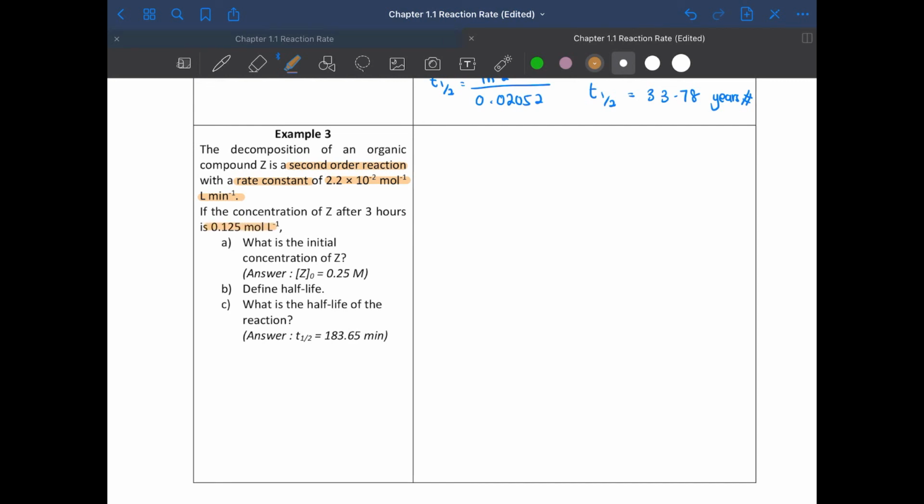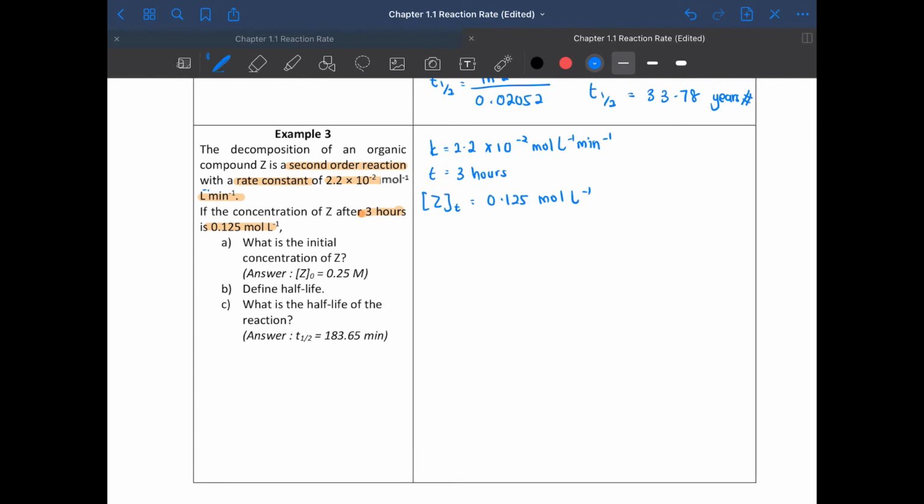So let us write down lah. K equal to 2.2 exponent -2, and then our time is 3 hours. Concentration Z after 3 hours, that means ZT lah, is 0.125 mole per liter.